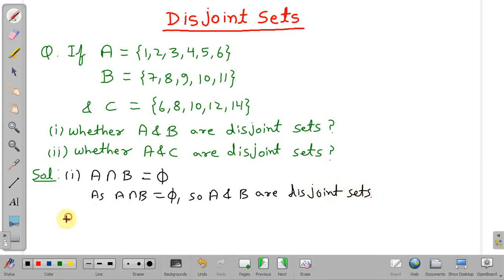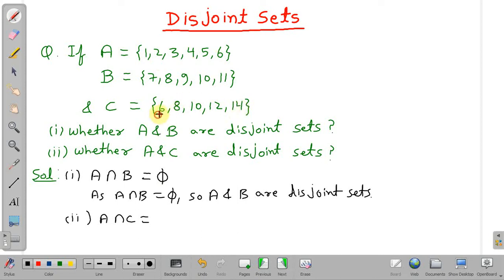Coming to the second part, we have to determine whether A and C are disjoint sets. So again we have to find A intersection C. A has elements 1, 2, 3, 4, 5, 6, and C has elements 6, 8, 10, 12, 14.